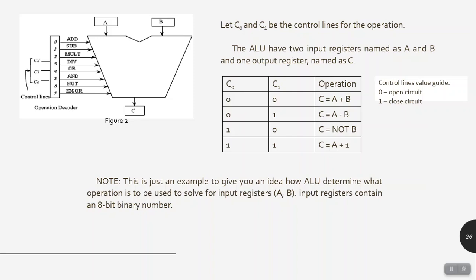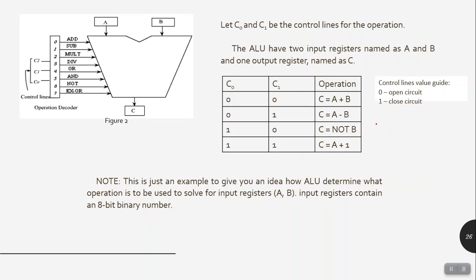The possible values for control line 0 and control line 1 are 0 and 1. When we say 0, it is an open circuit, and for the value 1, it is a closed circuit. What is the meaning of that? We all know that a computer is composed of wires and transistors. So the value of C sub 0 and C sub 1 depends on whether these wires or circuits are open or closed.